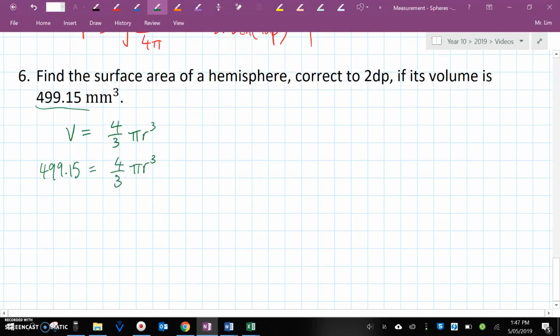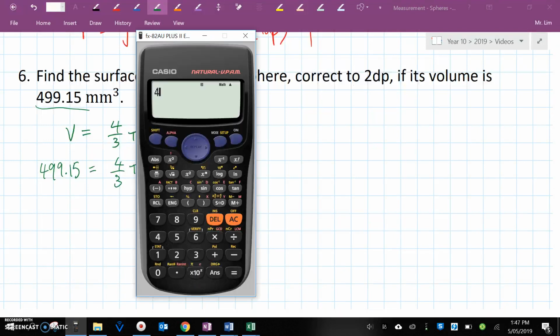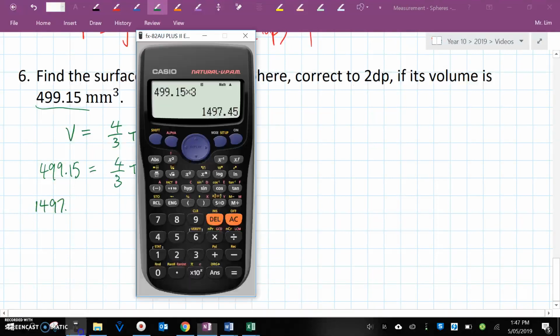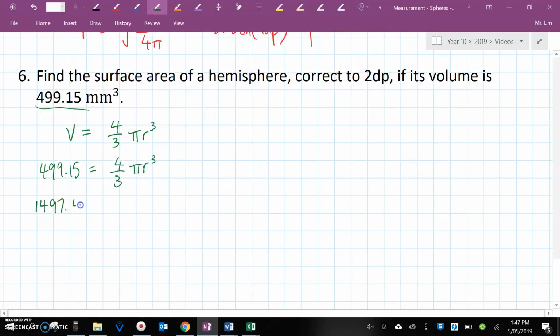We're going to multiply by 3 to get rid of the fraction. 1497.45 is equal to 4 pi r cubed.